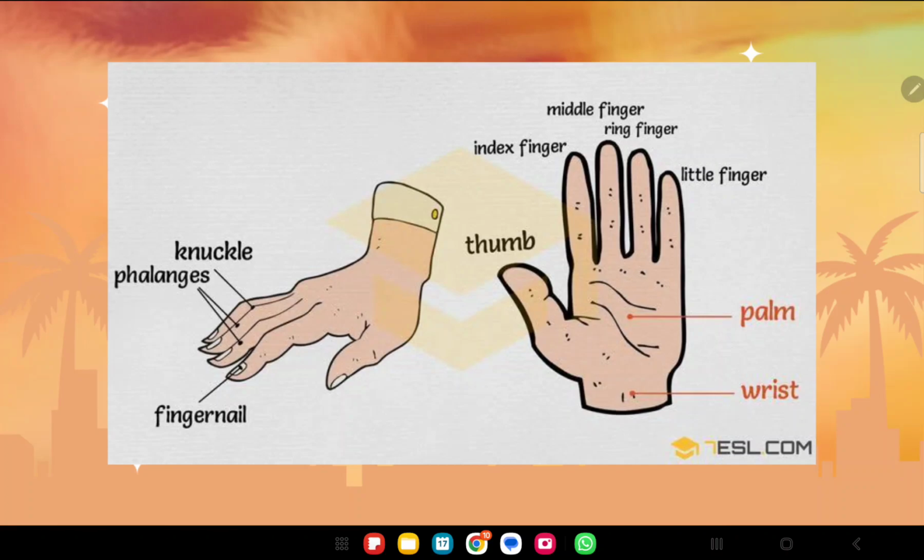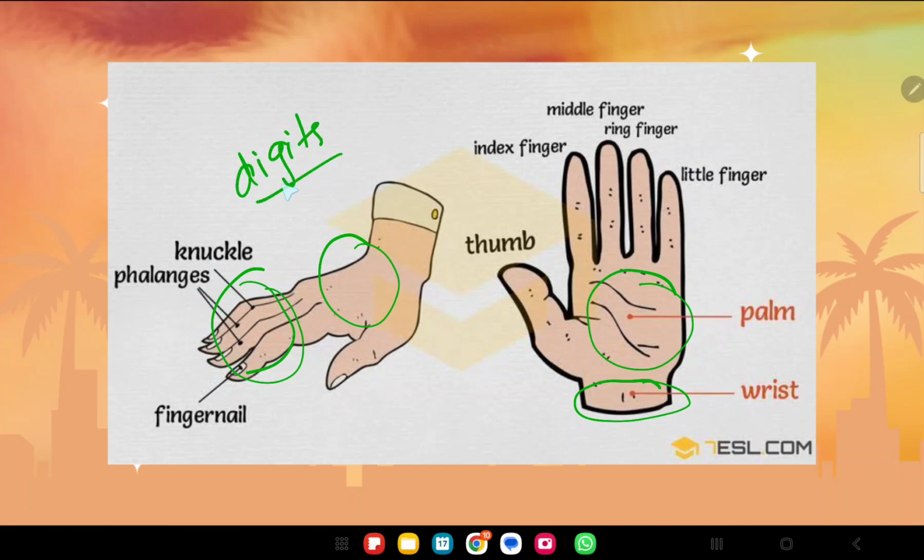Now move towards the hand. I have already explained the hand. This is the wrist, palm, dorsum, and fingers, right? And for the fingers in anatomy, we say digits. We don't say finger, we say the word digits.